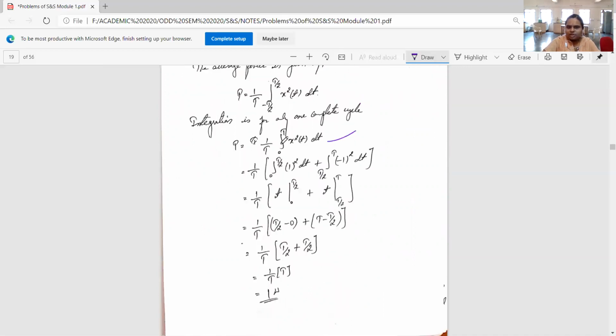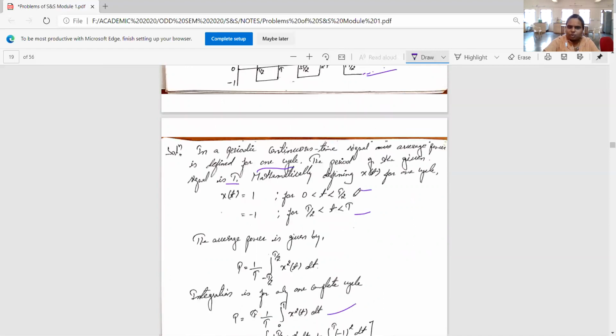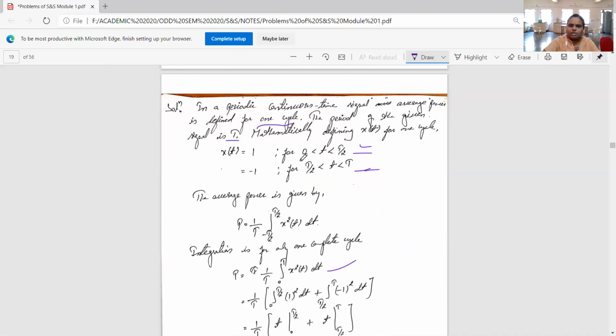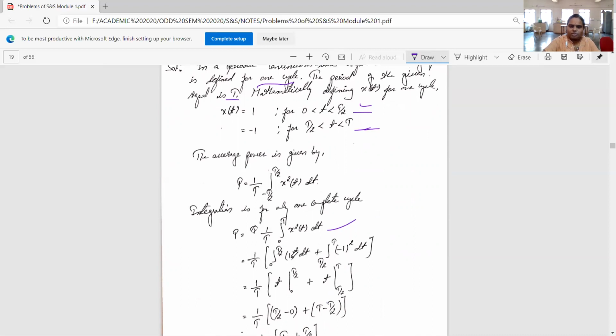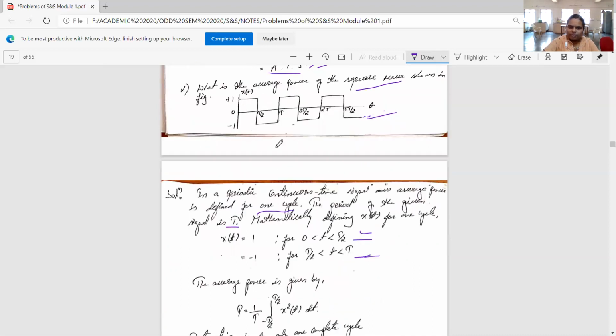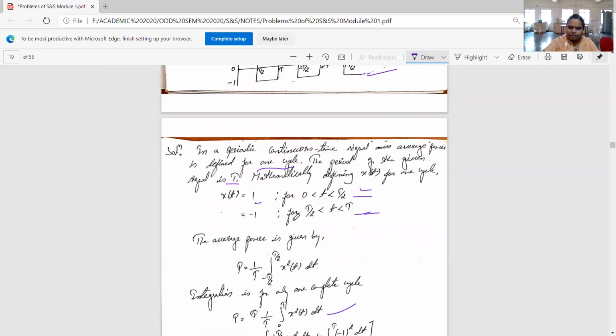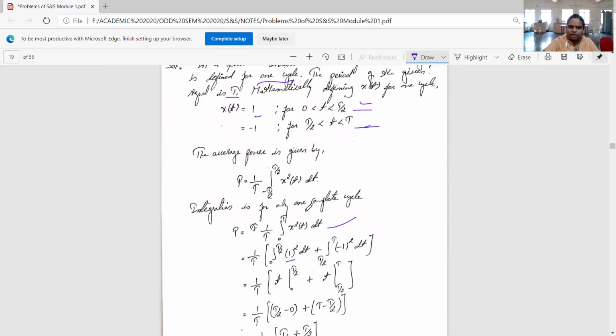Then 1 by T will be as it is. Here the signal is varying over two intervals, that is 0 to T by 2 and T by 2 to T. Then 0 to T by 2, what is the value? 1, right? So 1 square. From T by 2 to T, it's minus 1, minus 1 square.